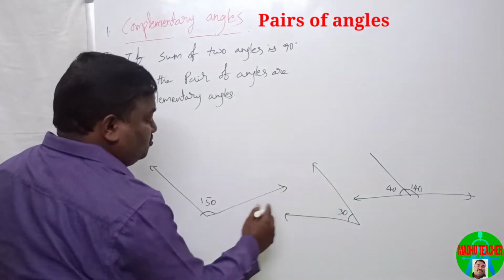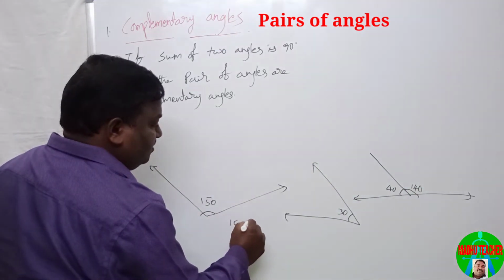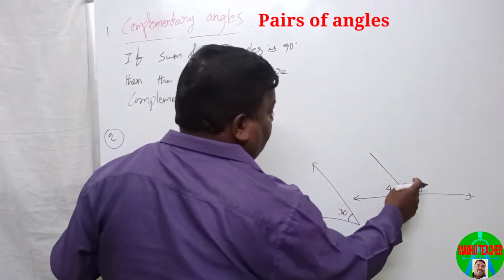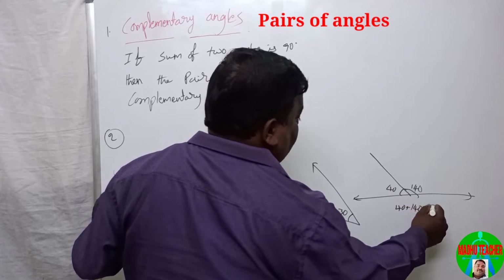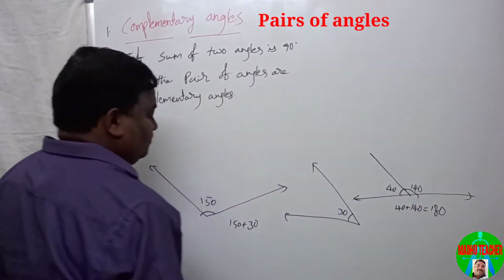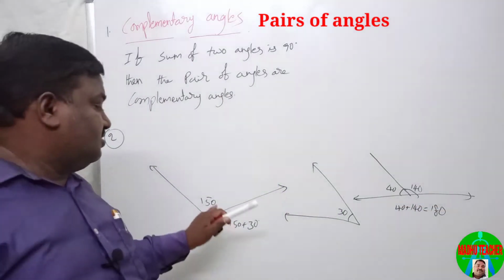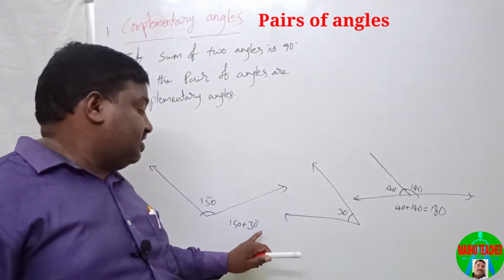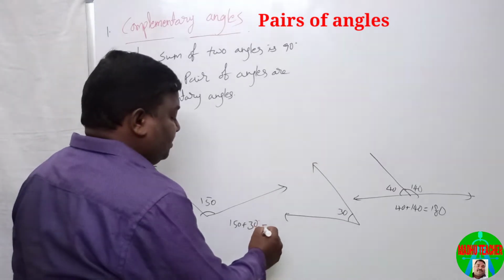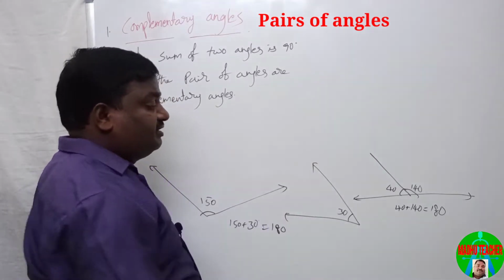What is the sum of these two angles? 150 plus 30. Here 40 and 140. 40 plus 140 equals 180. Okay. In both cases, the sum of angles is 180 degrees.